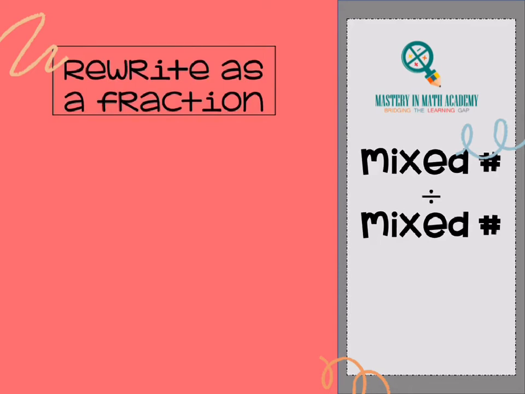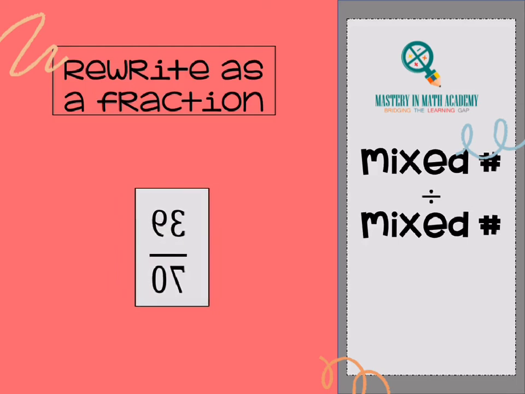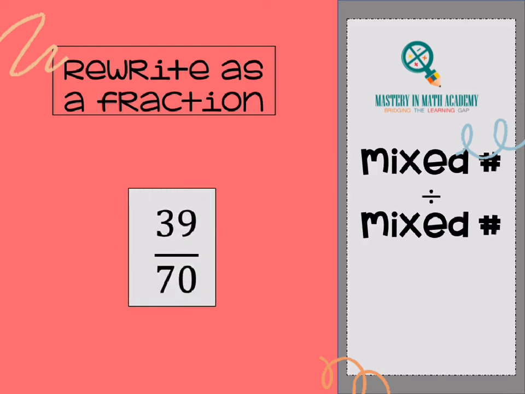And remember, you read it from left to right. You have 39 on the left, and you have 70 on the right. Our 39 is our numerator, and our 70 is our denominator.